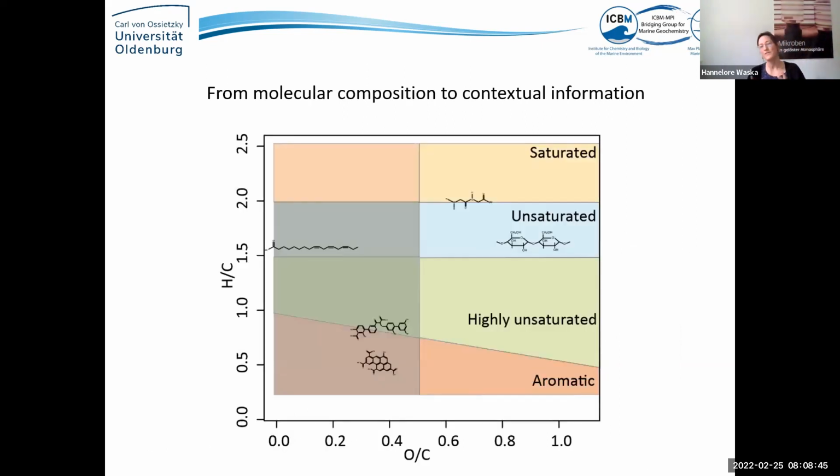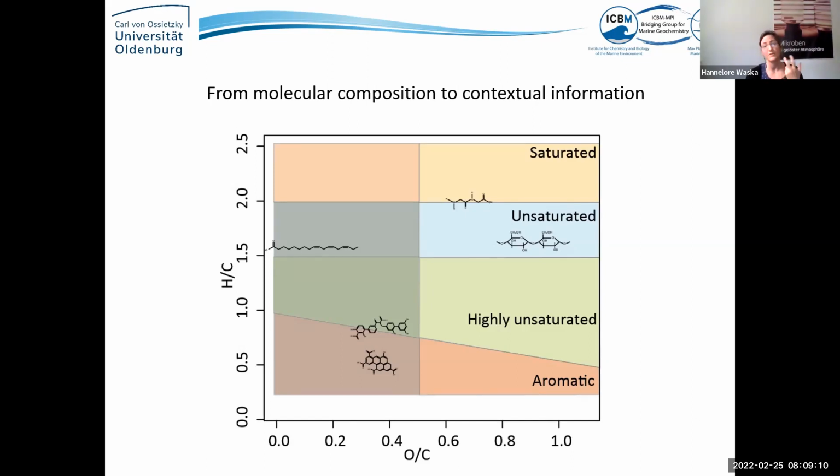Now, what do we do with this kind of information? Well, one possibility is to use this very famous Van Krevelen plot, where we plot the stoichiometry, the elemental ratio of the oxygen to carbon versus the hydrogen to carbon for each of these sum formulas that we assign. And I just show here some examples. So in the bottom, in this kind of brownish box, the aromatic box, we have a black carbon molecule.